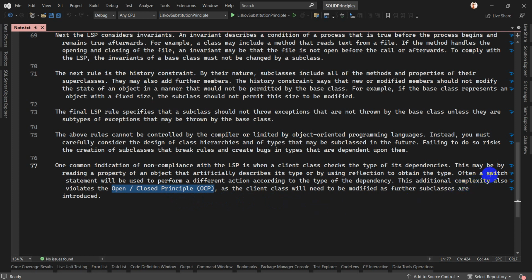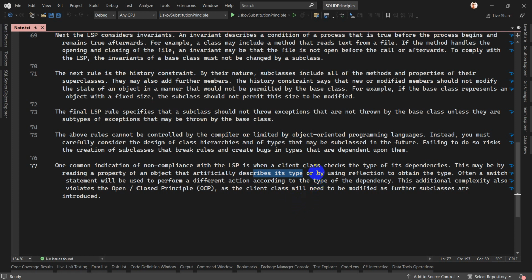So one more time, when you have a method that checks the type of an input parameter, this might be by reading a property of an object that artificially describes its type. For example, you have a string property in a type which is filled in with the type of that object.